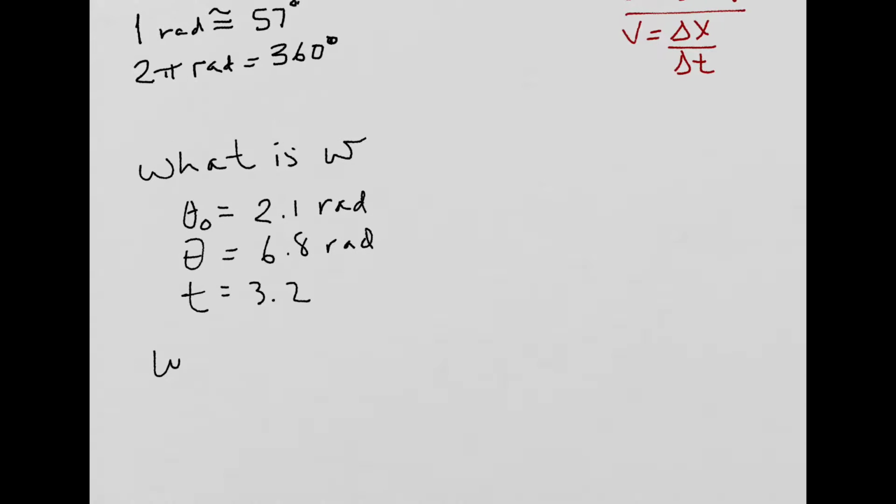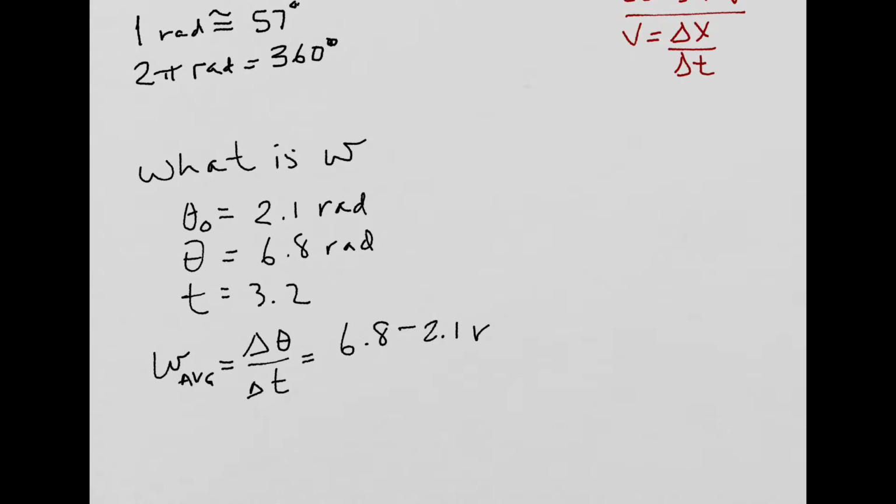Well, I would just get the average. The average rotational velocity would just be the change in angular position divided by the change in time, which would equal 6.8 minus 2.1 radians divided by 3.2 seconds.